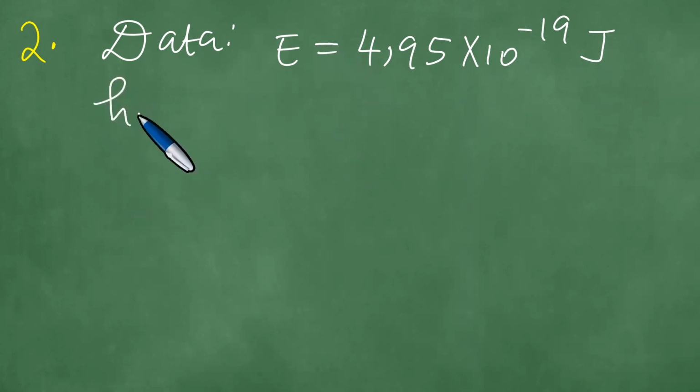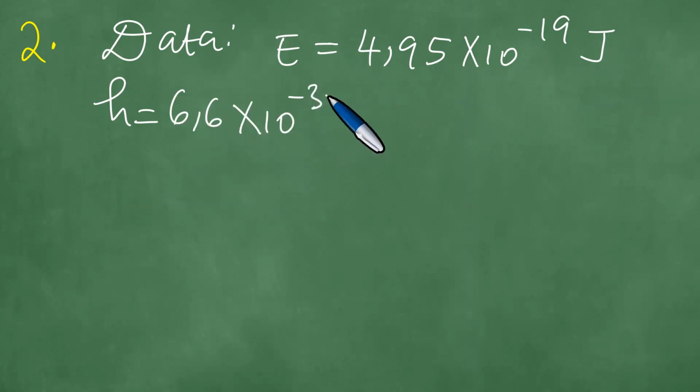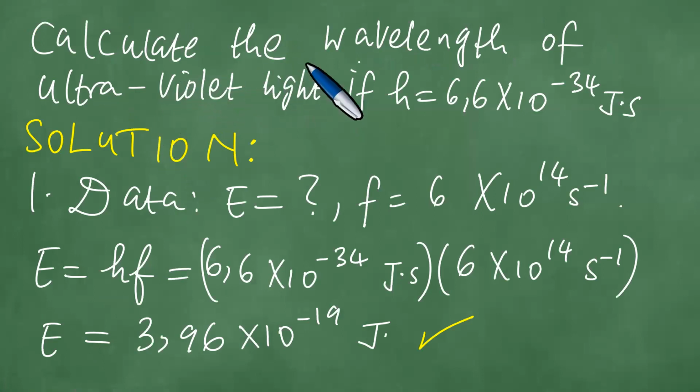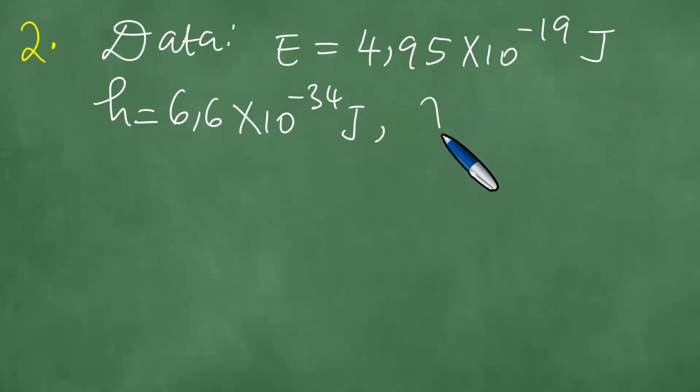What is Planck's constant H? 6,6 times 10 to the power minus 34 joules second. We need to calculate the wavelength of the ultraviolet light, so we're looking for lambda.